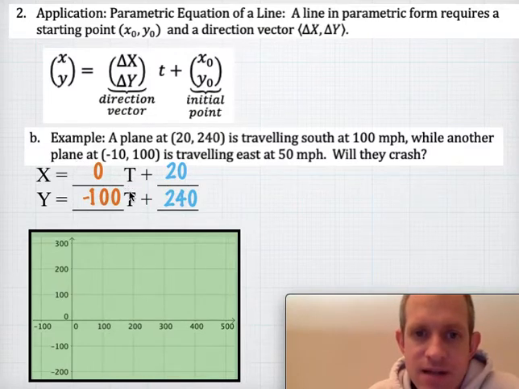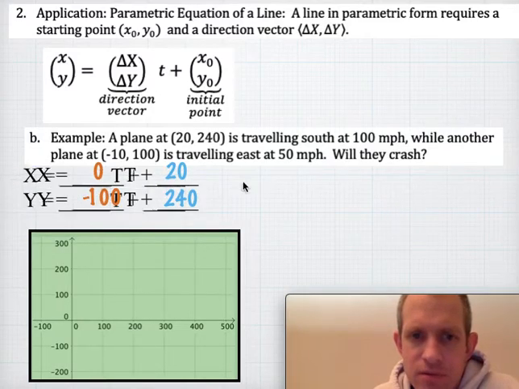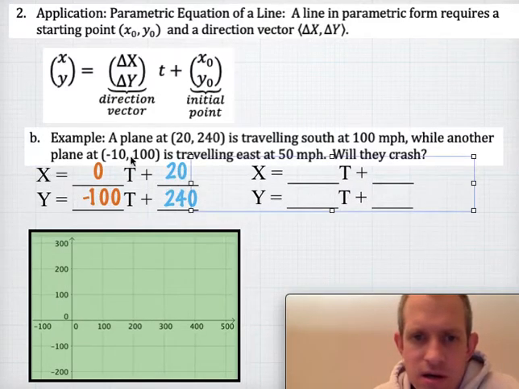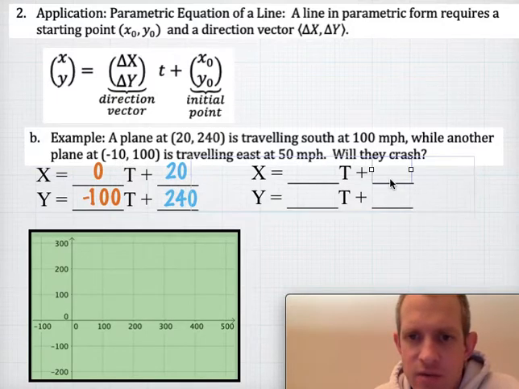In this case, time represents times in hours. And so if you wanted it to go a little bit slower, you might have your time settings be a little bit smaller than 1s. I'll show you that in a moment. Let's get the other equation in here. So the other plane, it starts at -10, -100.